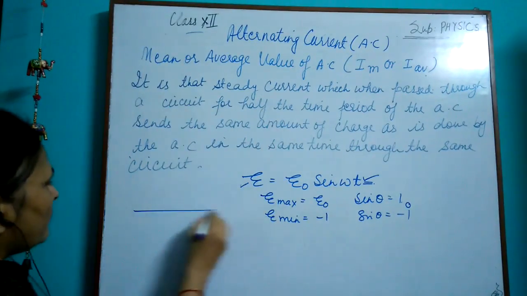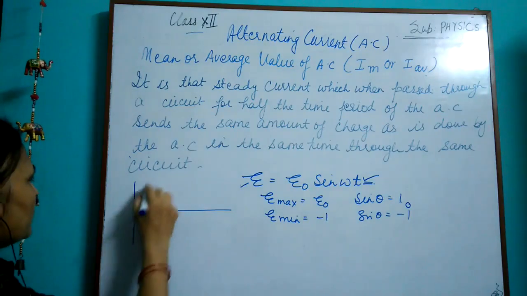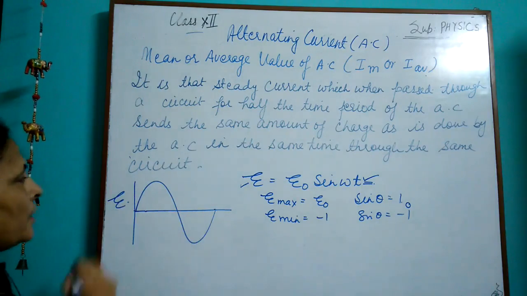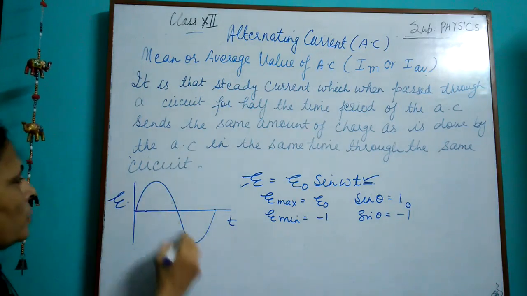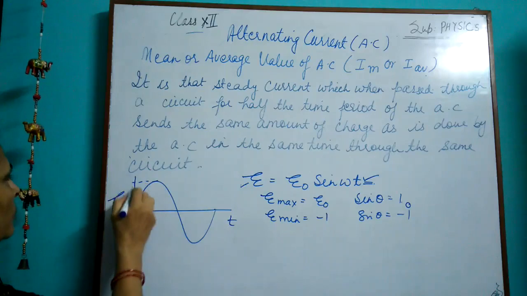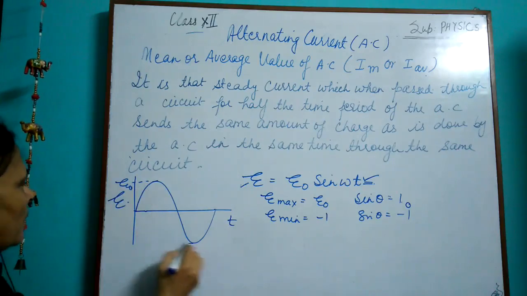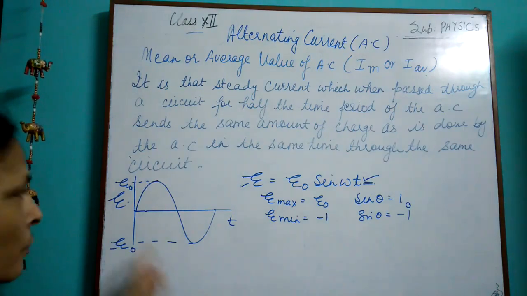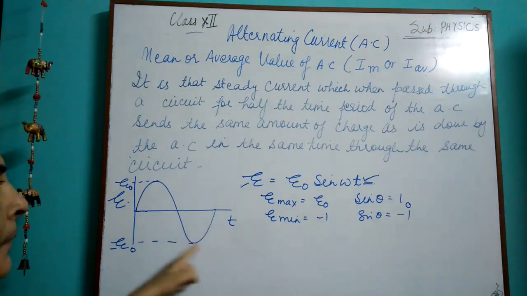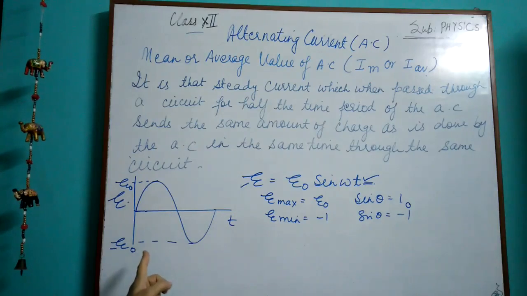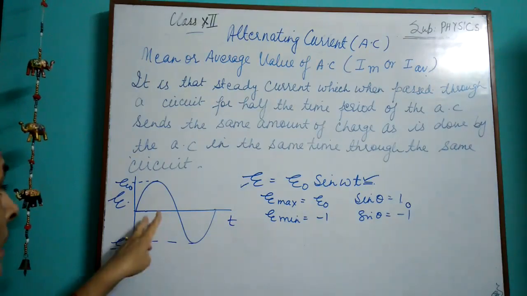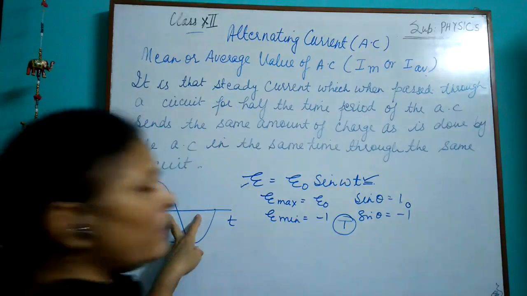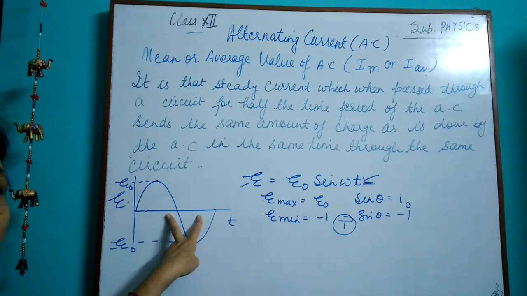And we have a sine wave like this. If this is the alternating EMF with time t, it is going to vary like this, with maximum value E naught and minimum value -E naught. So voltage is going to vary in this manner. Clear? And this one cycle will be completed in a time period T. This also we have done in waves in class 11th.